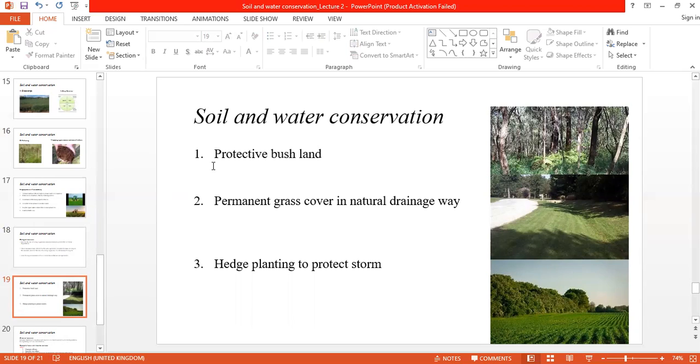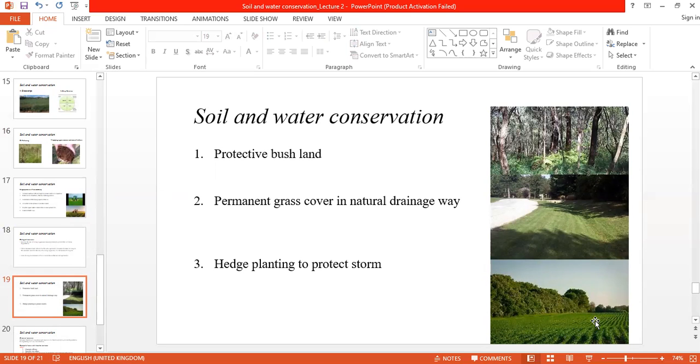Then you can have what we call hedges. Mostly these are there to prevent erosion by wind. For example, if you have a crop field, you plant hedges, like these trees. If the wind is coming from the other direction, it will be blocked and it will not carry the soil around this place.